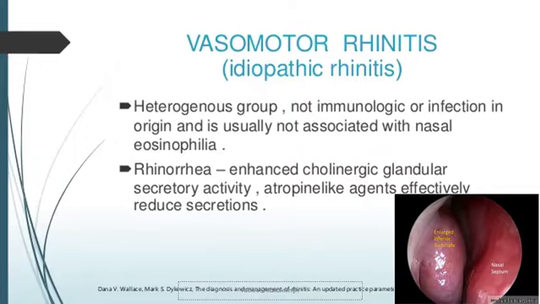Vasomotor rhinitis is a heterogeneous group, not immunologic or infectious in origin, and is usually not associated with nasal eosinophilia. Rhinorrhea enhances cholinergic glandular secretory activity. Here we have the endoscopic view of vasomotor rhinitis.